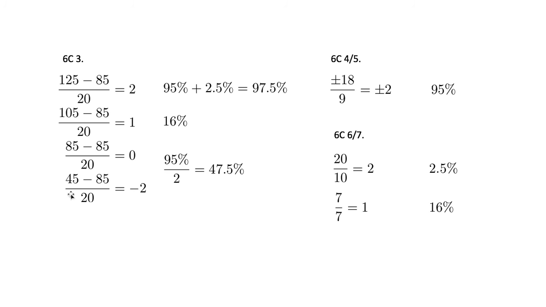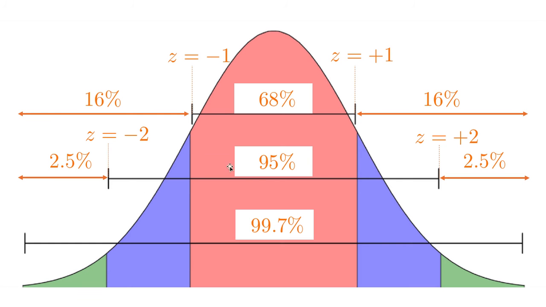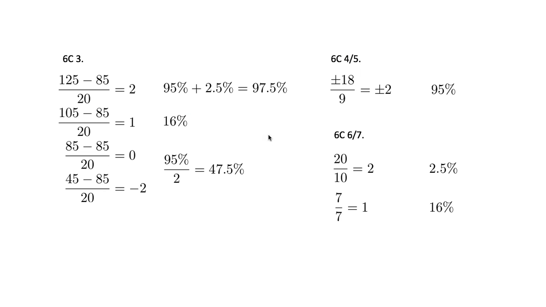What percent is between 45 and 85, which correspond to -2 and 0? So -2 is right here, and 0 would be the midline. This full distance is 95%, so it's half of that, from 0 over to -2. So that's half of 95%, 47.5%.